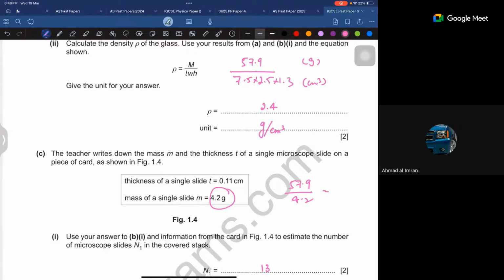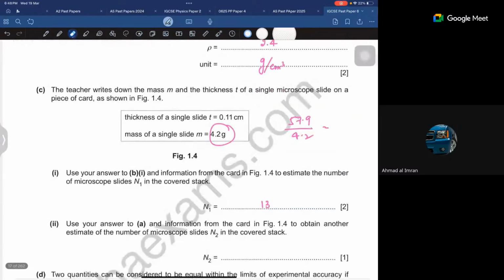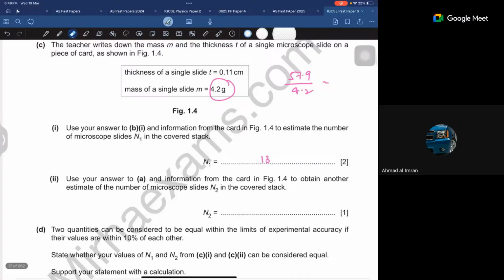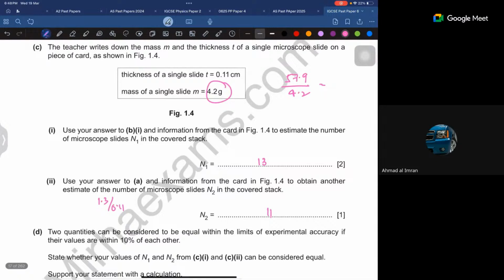You have thickness of this. Let's try that with the height. 1.3 divided by 0.11. I don't know what that is. Yeah, it will be 11 almost. For the covered stack, we were taking the length, the thickness. That's why I'm taking this, right? So, interesting question. This is a little bit tricky, but no worries. We can do this. Okay.